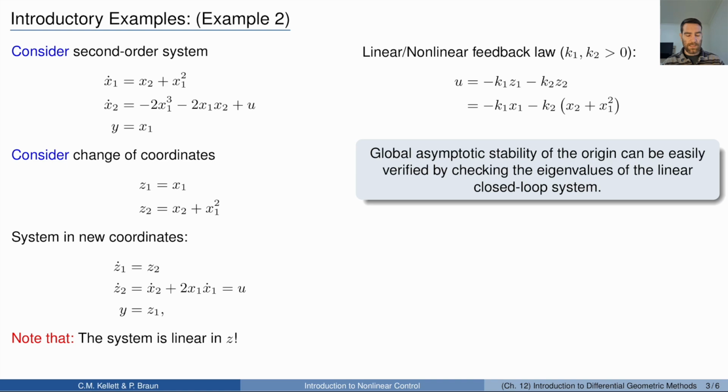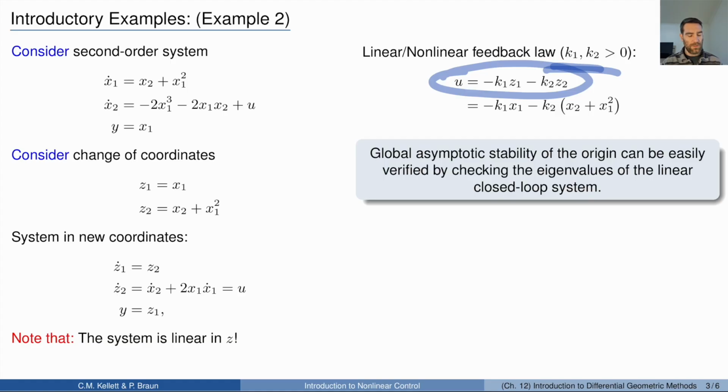Once we have this representation, controller design for linear systems is, at least for this low-dimensional system, straightforward. Namely, we can define a linear controller. And here in this particular case, we observe that for k1 and k2 larger than 0, in the z coordinates, we get a linear feedback law.